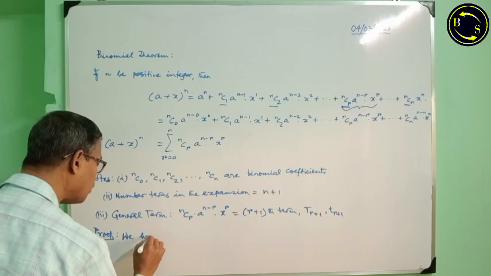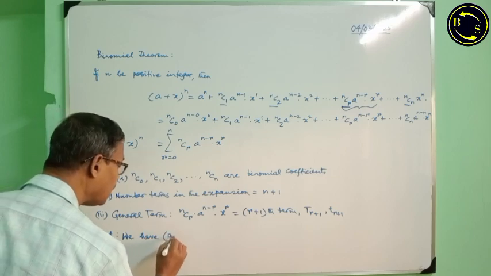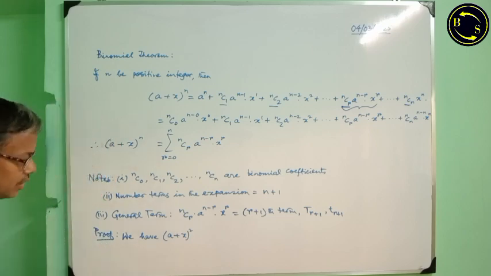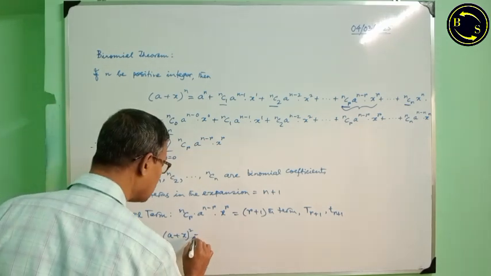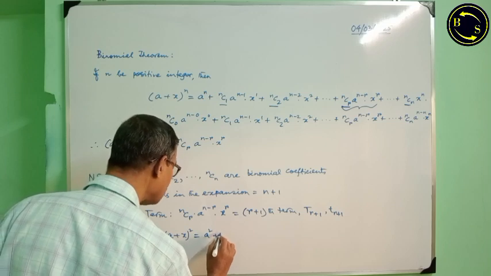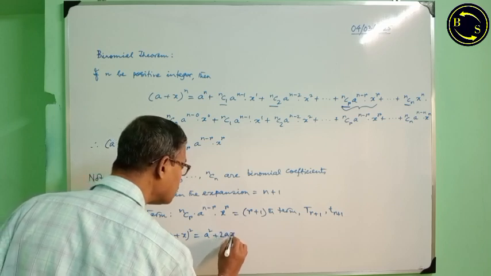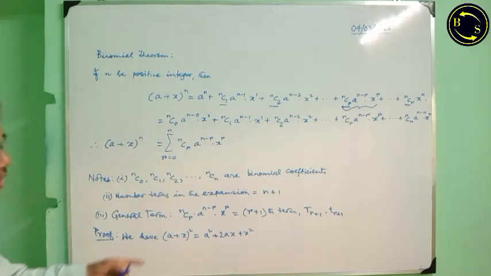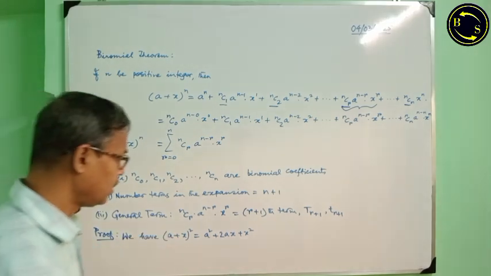We have a plus x whole square. Already we have learned a square plus 2ax plus x square.